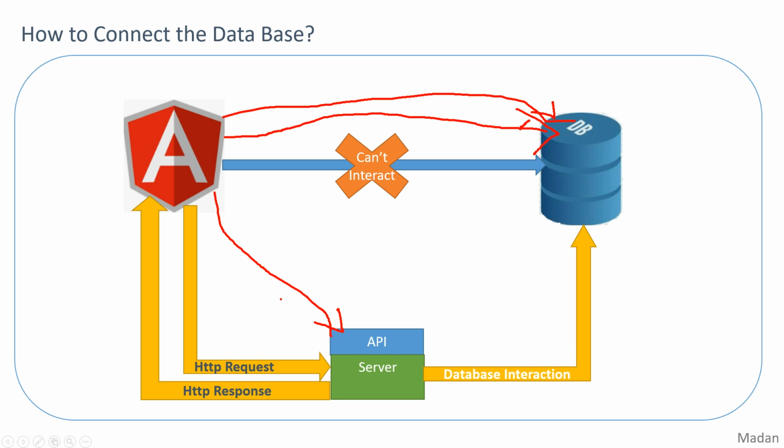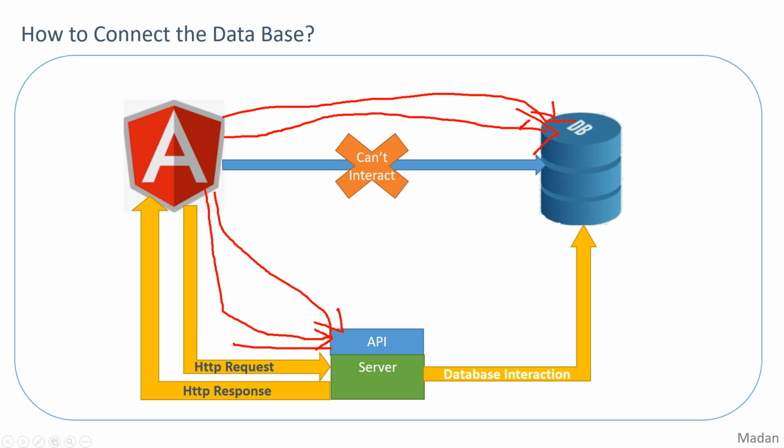What is happening internally? If my web application, designed with Angular, needs to show some data, Angular has to interact with the API, and only then can it get the data.